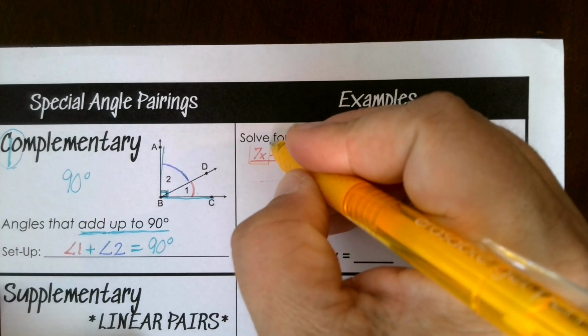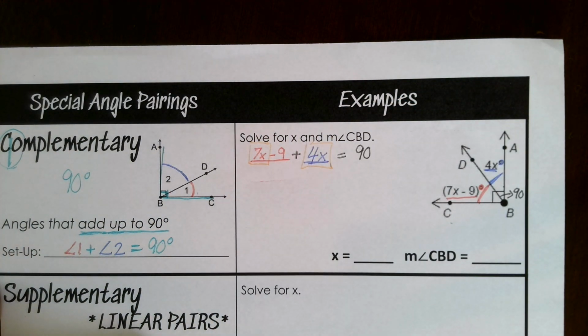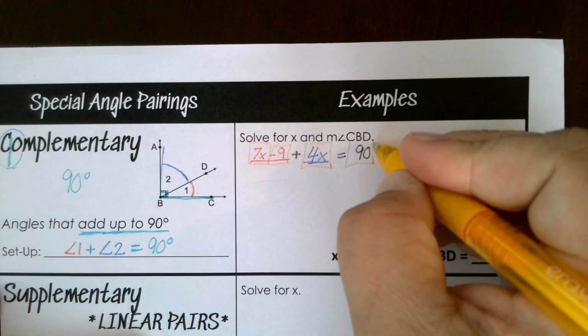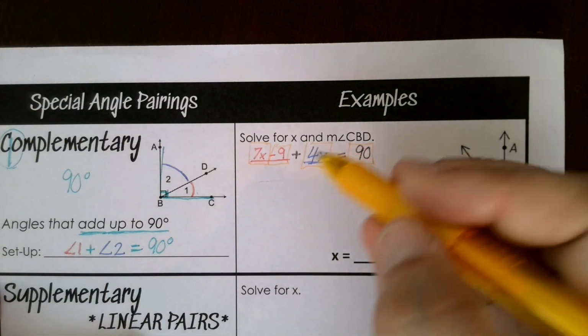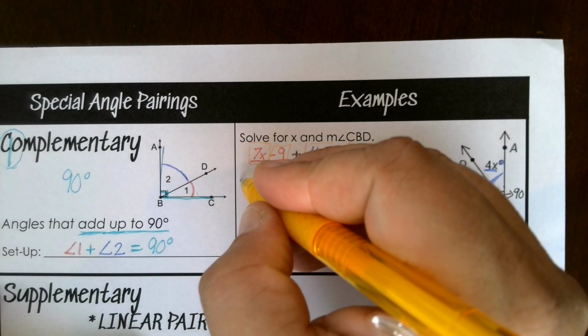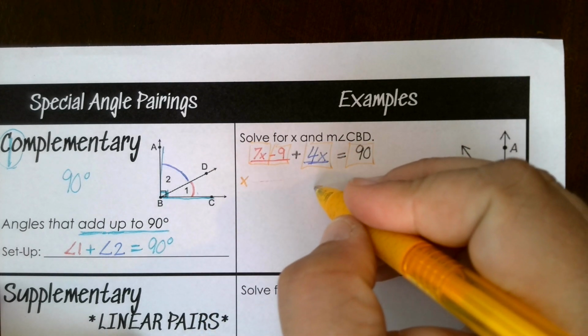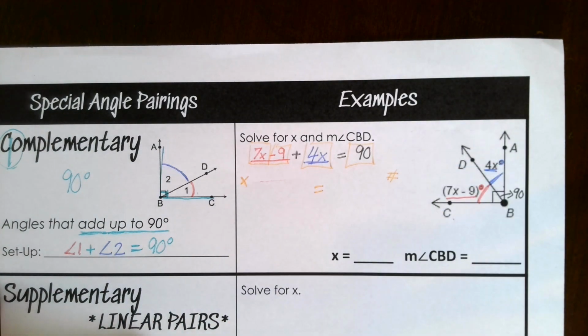So I see that this one and this one have x's in them, and this one and this one. I put a box around each of my terms, each chunk of the equation, right? Then I'm going to sort them. If it has an x in it, it goes on the left side of the equal sign. If it has no x, only numbers, it goes on the right side of the equal sign.